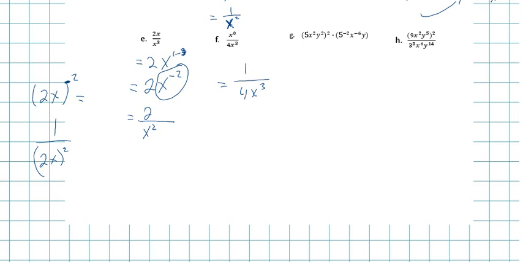So 5 squared is 25, x to the 4, y. Instead of writing 25, I want to leave it as 5 to the power of 2. You'll see why.